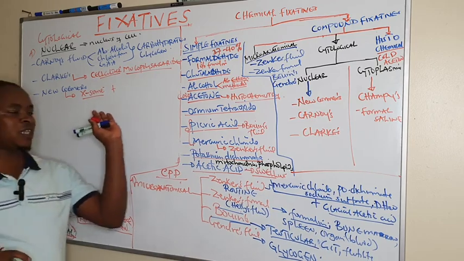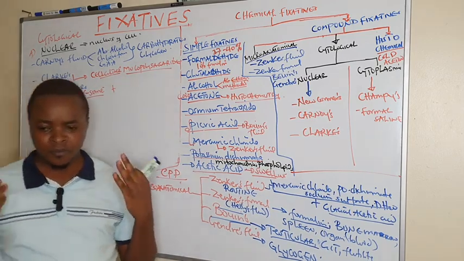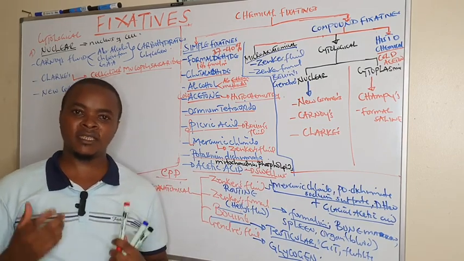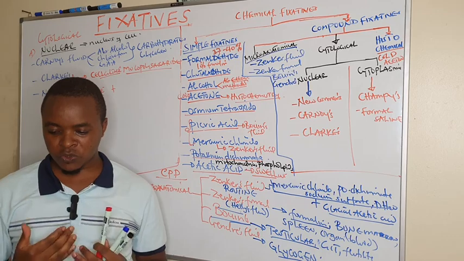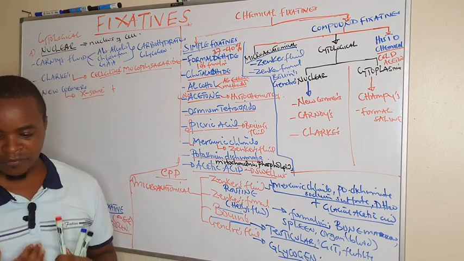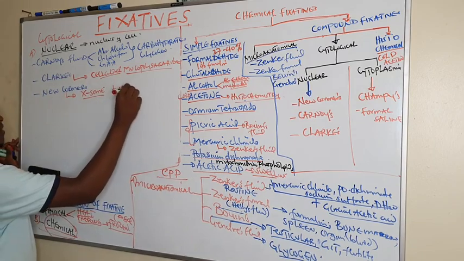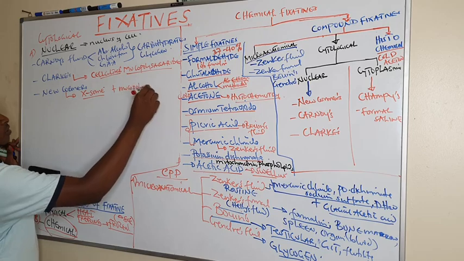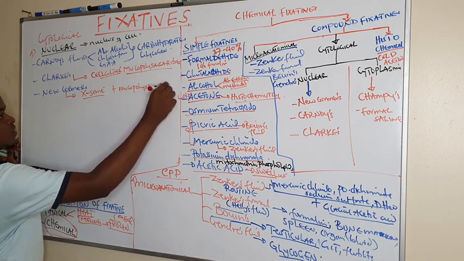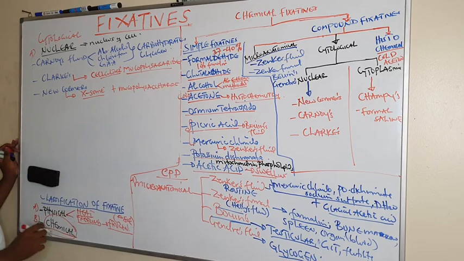So if you want to preserve the chromosomes for visualization, you can easily preserve them using Newcomer's fluid. And sometimes also mucopolysaccharide. So mucopolysaccharides are also preserved using Newcomer's.